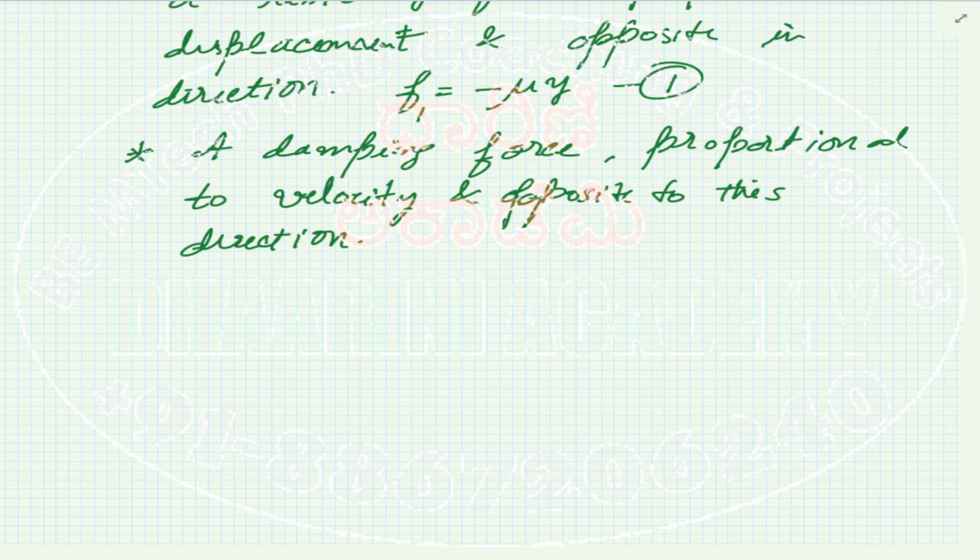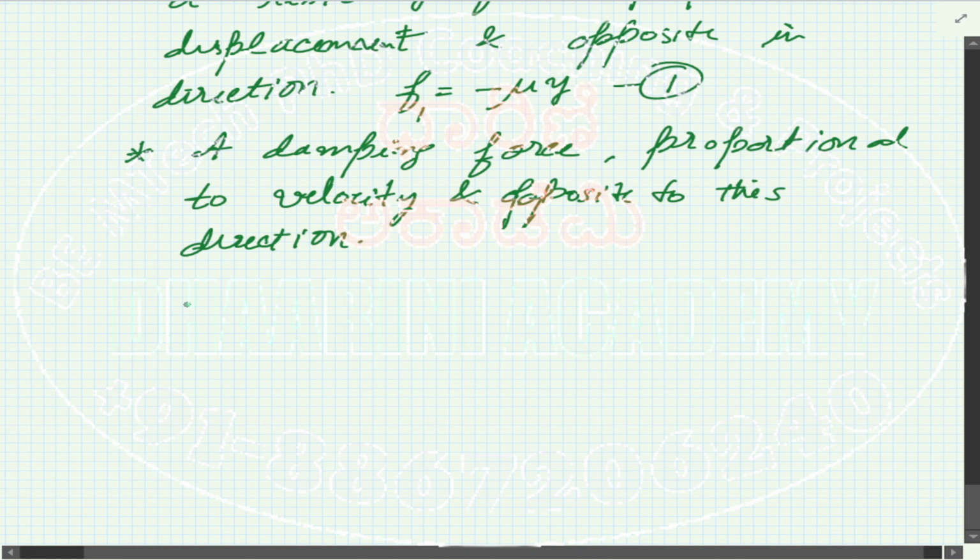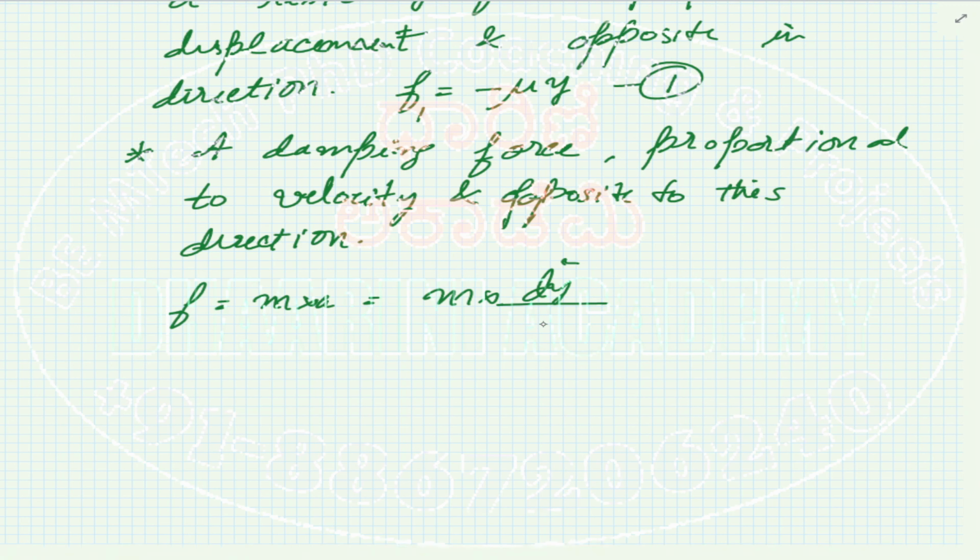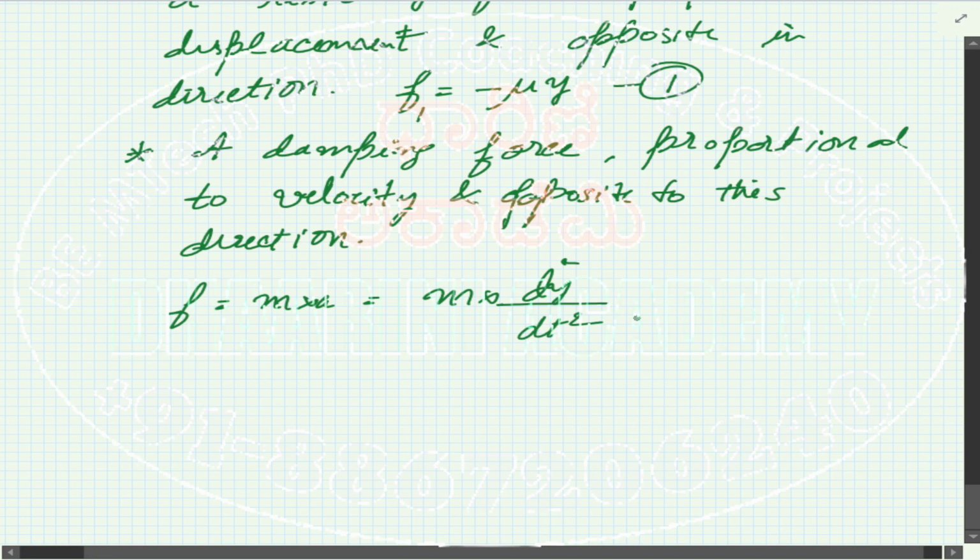Once we know all of them, we can directly write the equation. F is equal to mass into acceleration, so m remains as mass, and acceleration will be d square y by dt square.